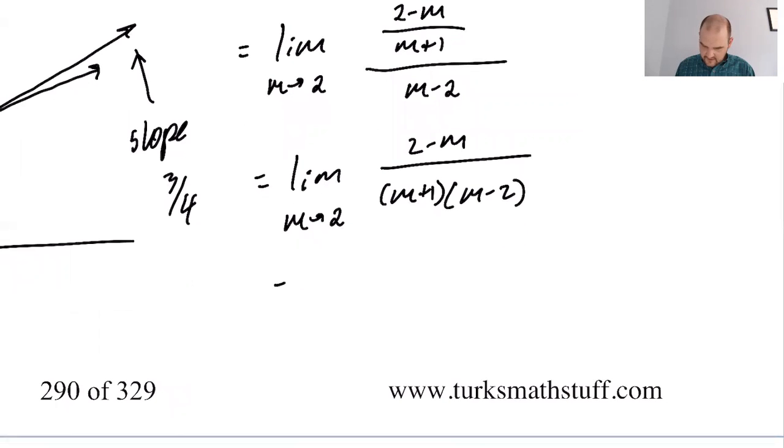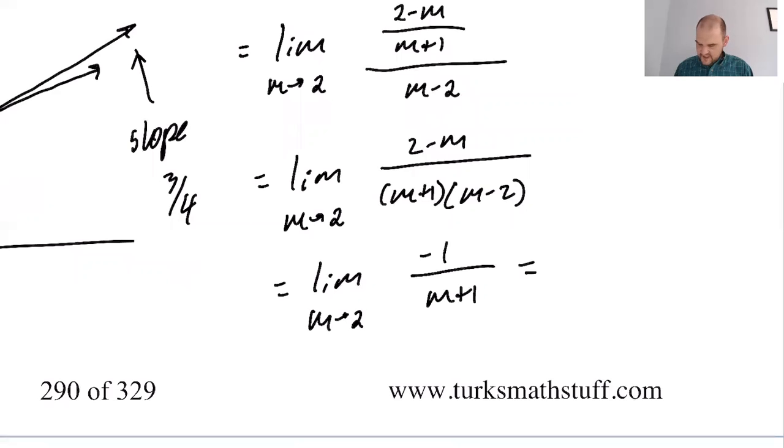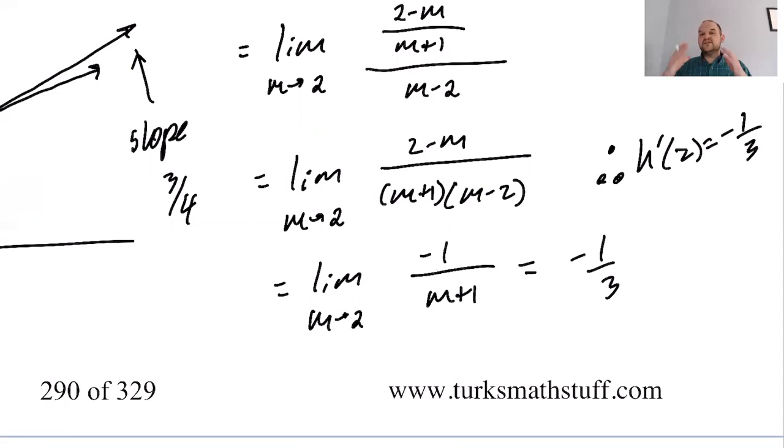So this will be the limit as m approaches 2 of negative 1 over m plus 1, which is negative 1/3. Therefore h prime of 2 equals negative 1/3. That is the slope of this curve at m equals 2, because m is the independent variable.